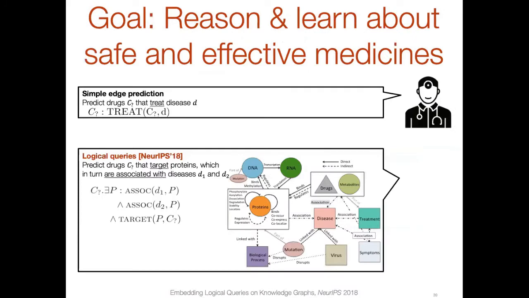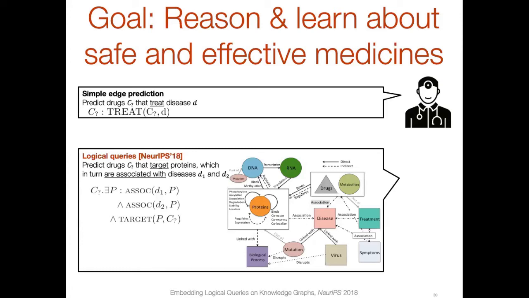Now, once we have knowledge graphs, the reason why we construct them in machine learning is because we want to leverage and use them to make predictions, to reason and learn about those knowledge graphs. In our case, we want to learn and use knowledge graphs that bring together very many different types of biomedically relevant data in order to make predictions about safe and effective medicines.